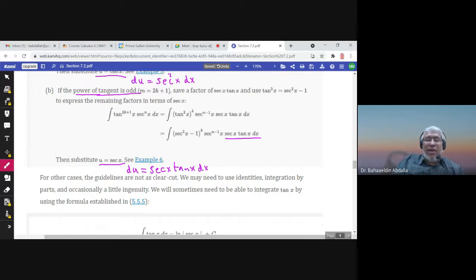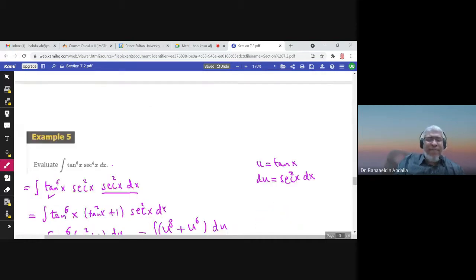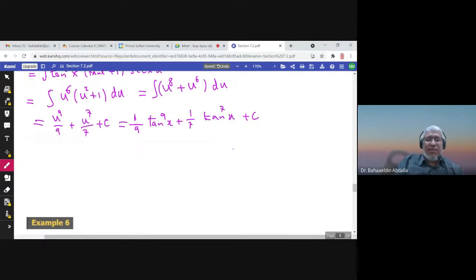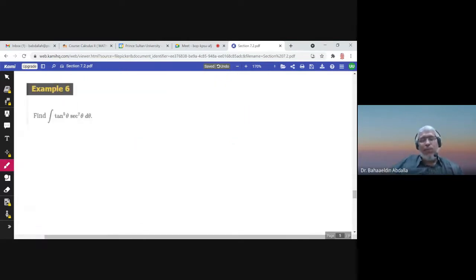Let us take an example. Example 6. Power of secant is 7. Not good. I need it to be even. But power of tan is odd. That's good. If power of tan is odd, then immediately I write here u equals secant x.